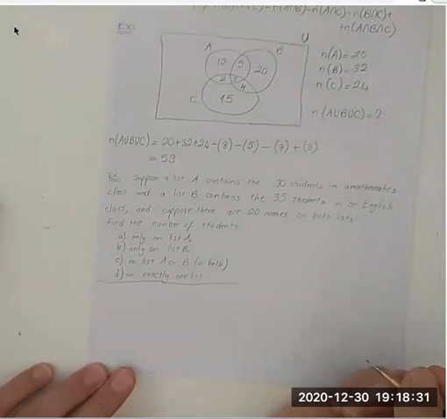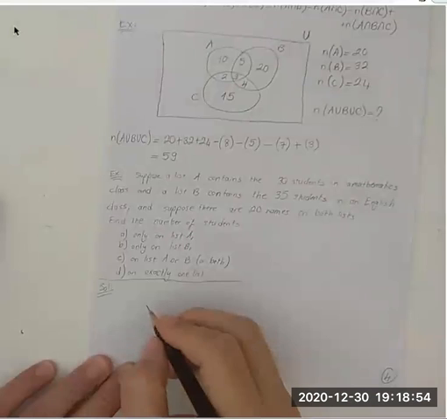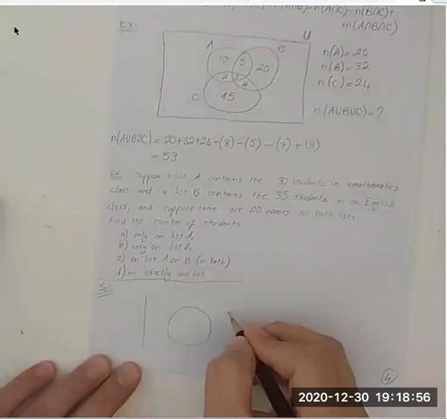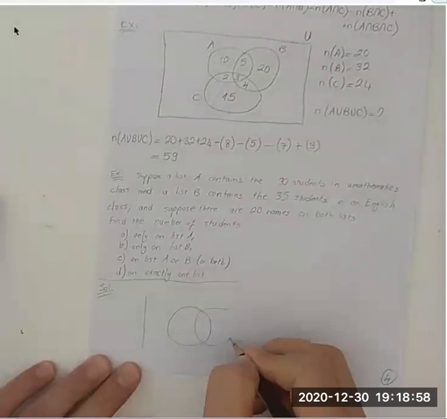So we have again the universal set and set A. They are not disjoint. There is a set A and there is a set B. There is the intersection sign for A and B. Okay, what is the question saying?